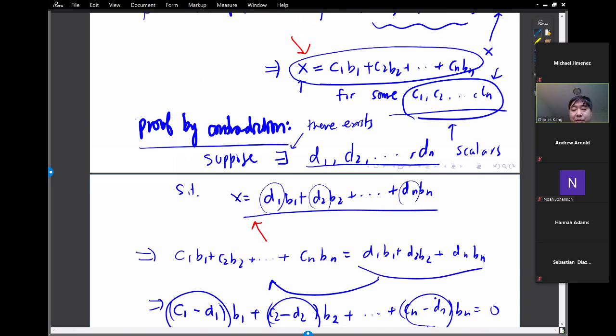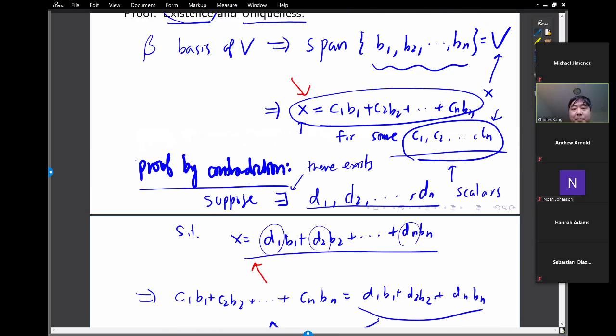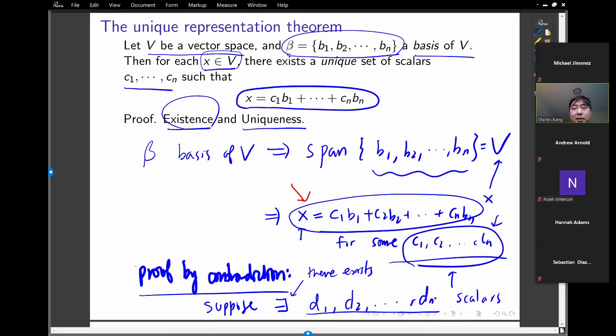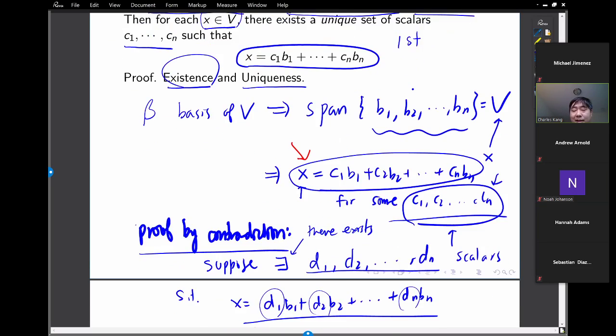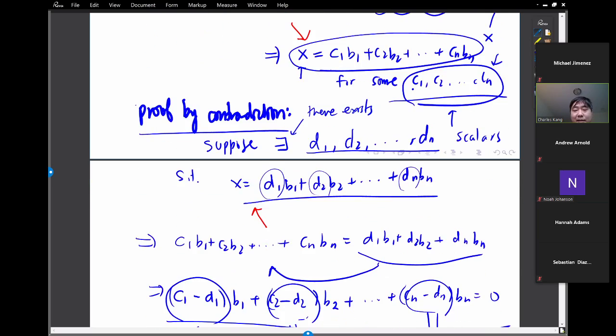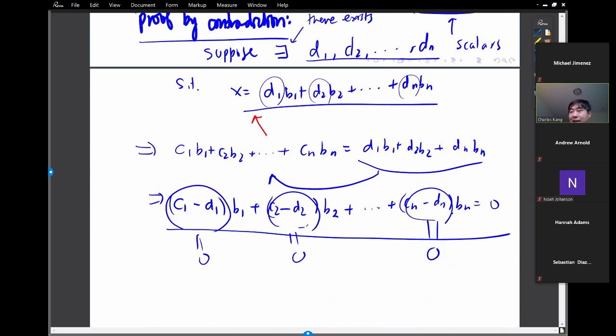Because what were those b vectors? The b's came from a basis of the vector space, right? Then what was the first condition of a basis? Linear independence. Yeah, the vectors must be linearly independent. And by definition, when you see something like this, all these coefficients must be 0.